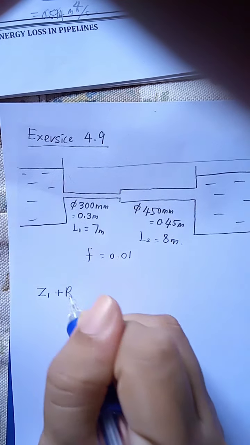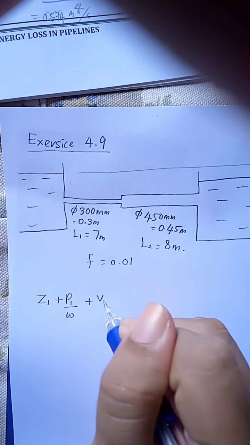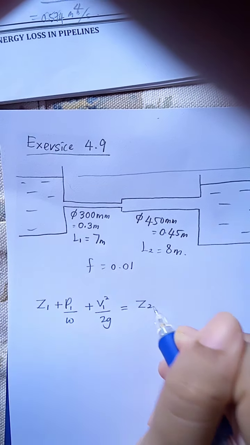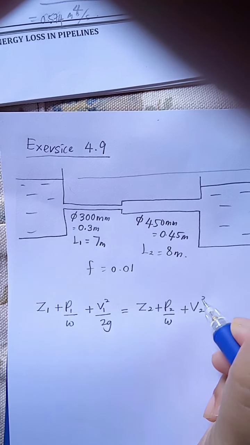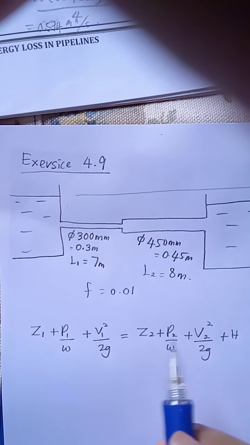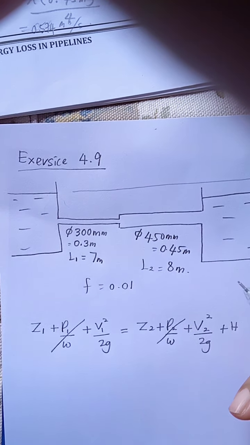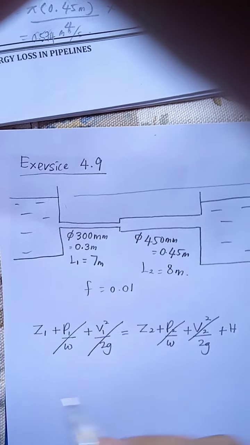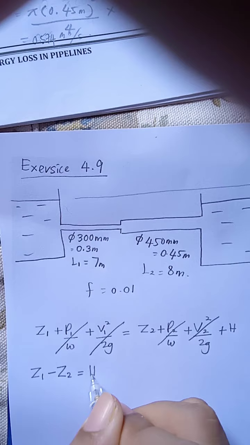Z1 plus P1 over omega plus V1 squared over 2g is equal to Z2 plus P2 over omega plus V2 squared over 2g plus H. Because P1 and P2 are equal to P atm, they cancel out. V1 is 0, V2 also 0, so cancel out. So we only have Z1 minus Z2 is equal to H.